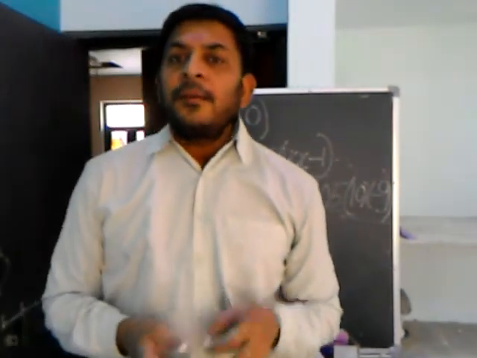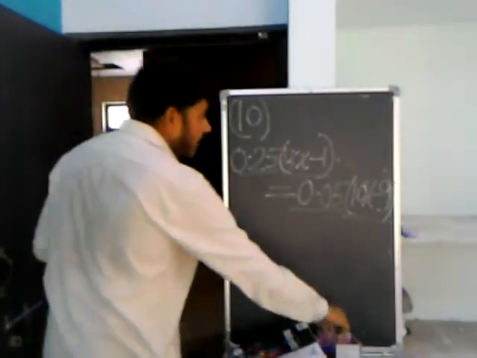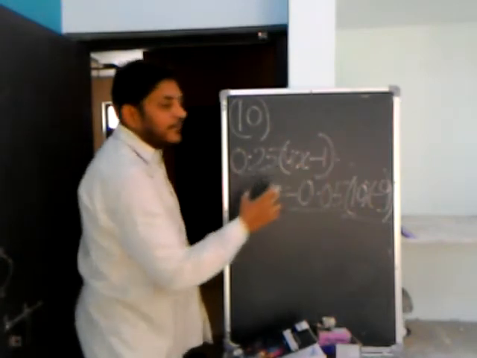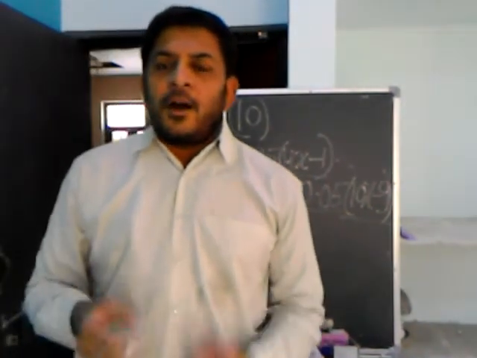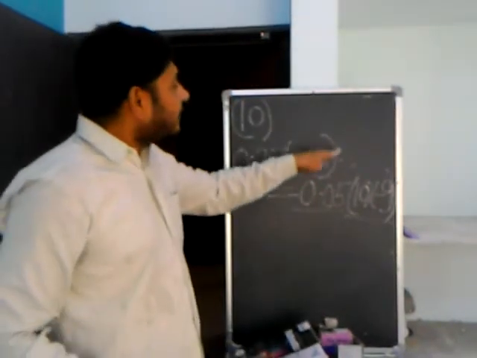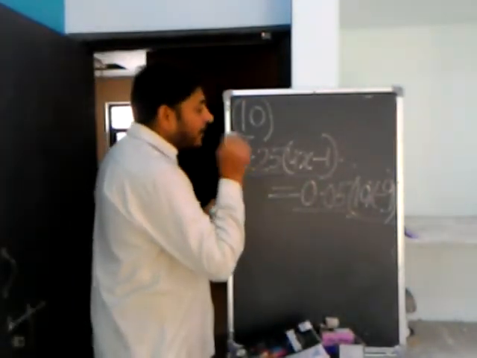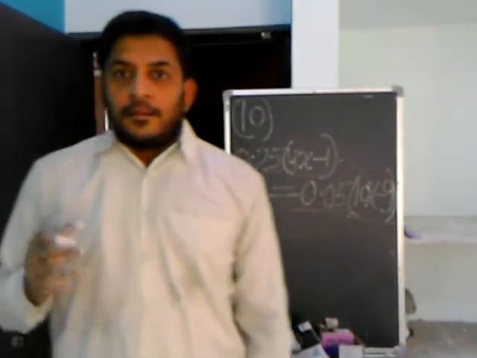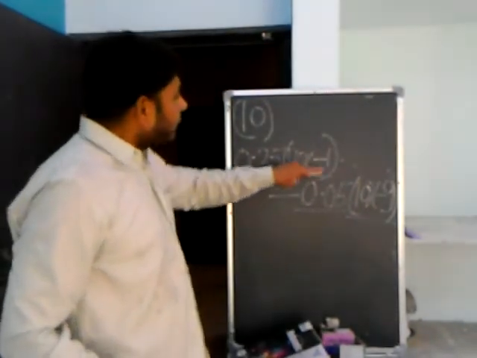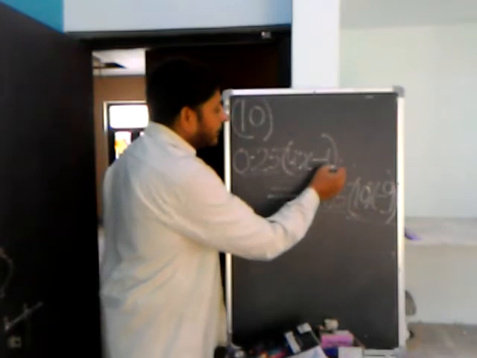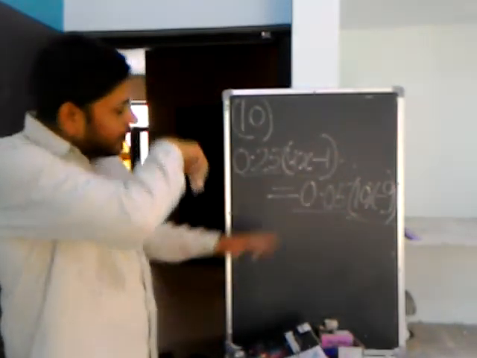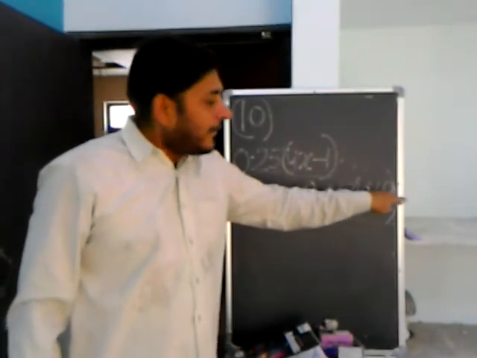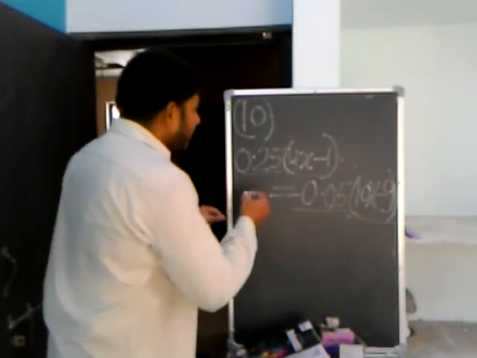When we open the bracket, this part will be multiplied by all the terms inside of this bracket, applying only up to the minus sign or plus sign. That means 0.25 will be multiplied to 4x and to minus 1. Similarly, 0.05 will be multiplied to tan x and 9 both. So I open the bracket.